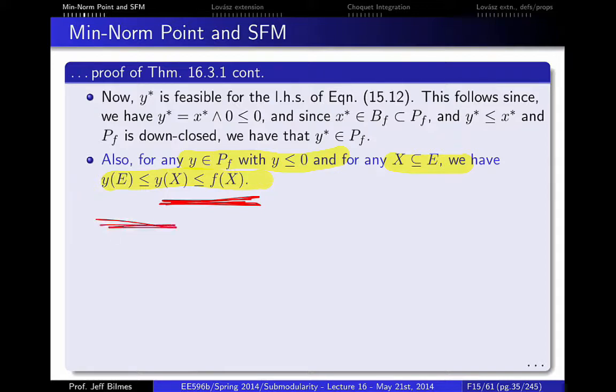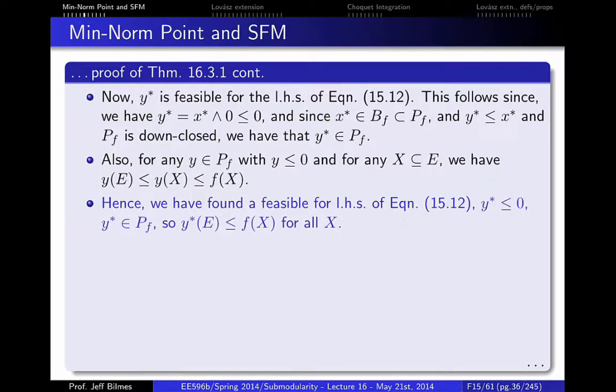And this inequality here is because all of the elements in E not in X are going to be negative or 0. So by further adding them, we're just going to make that quantity, the component sum, smaller. It's because we're assuming this property. So what this means then is that we found a feasible vector y star that's dominated by 0. It's in this guy, and this is true for all of X, right?